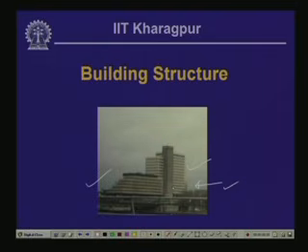Now, this particular structure is subjected to different kinds of loadings, and these loadings could be generated from environmental aspects, such as the effect of wind on the structure, or the structure may be subjected to earthquake forces. Apart from these loadings which come from the surrounding environment, it is also subjected to other loads, for example its own weight.